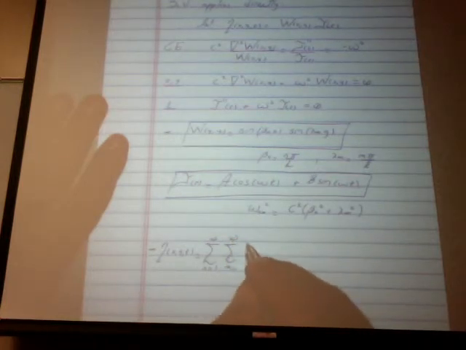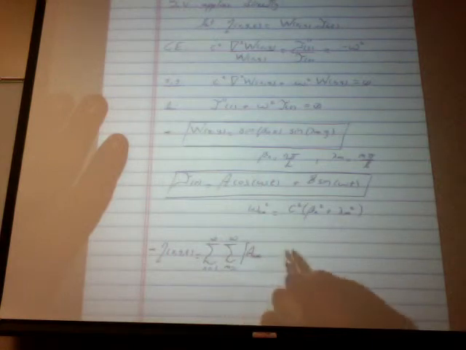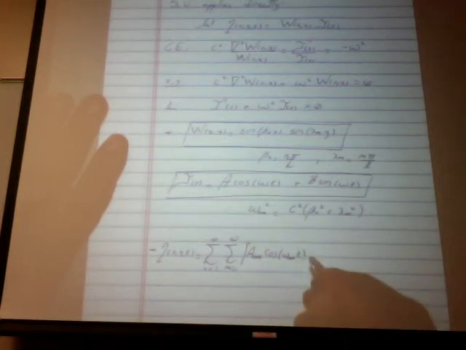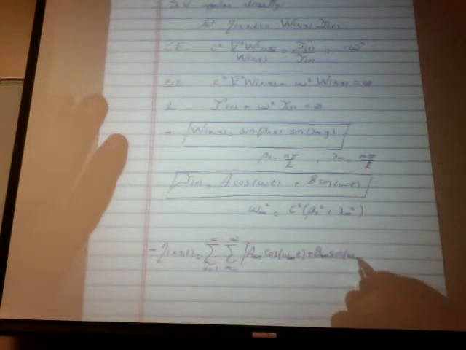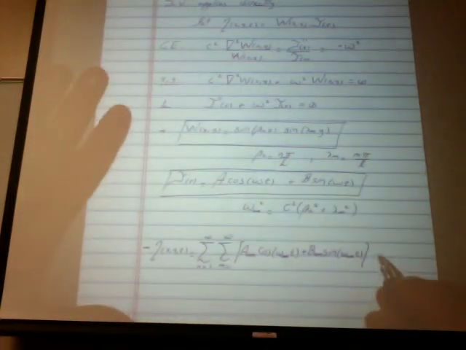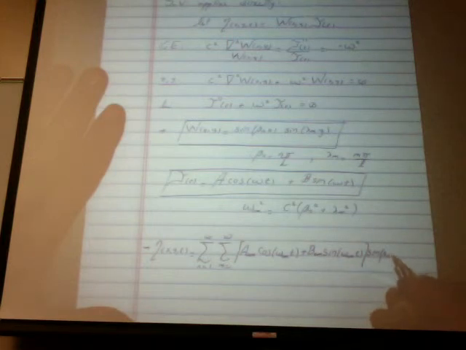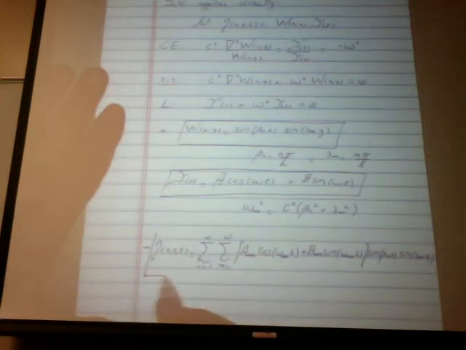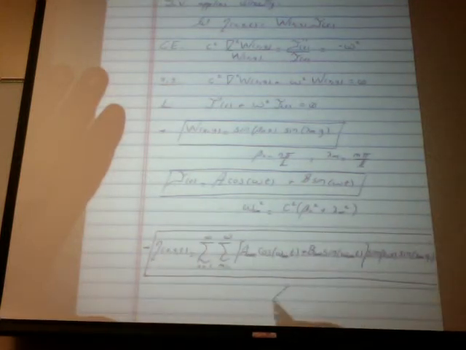So this would be a summation from n equal 1 to infinity, summation from m equal 1 to infinity of a nm times the cosine of omega nm t plus b nm times the sine of omega nm t, times the eigenfunctions sine of beta n x, sine of lambda m y. And this is a general solution.